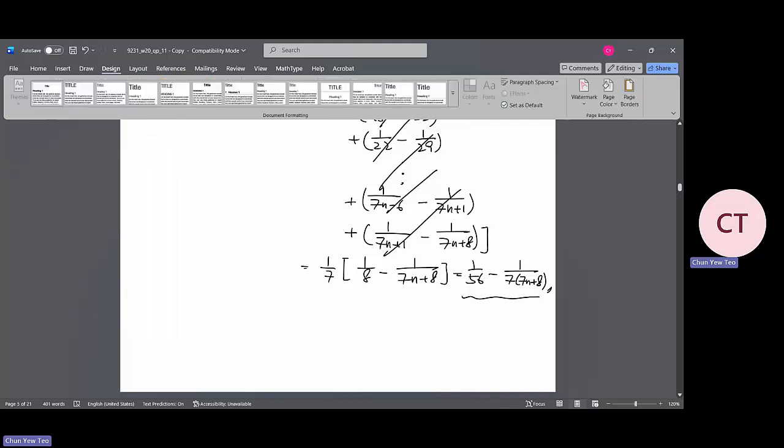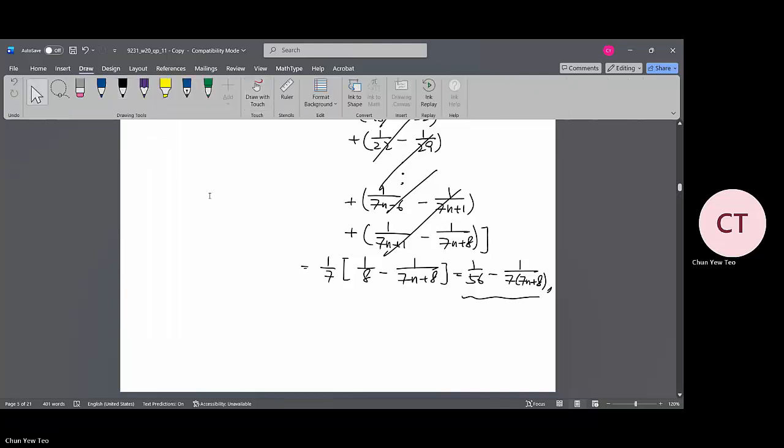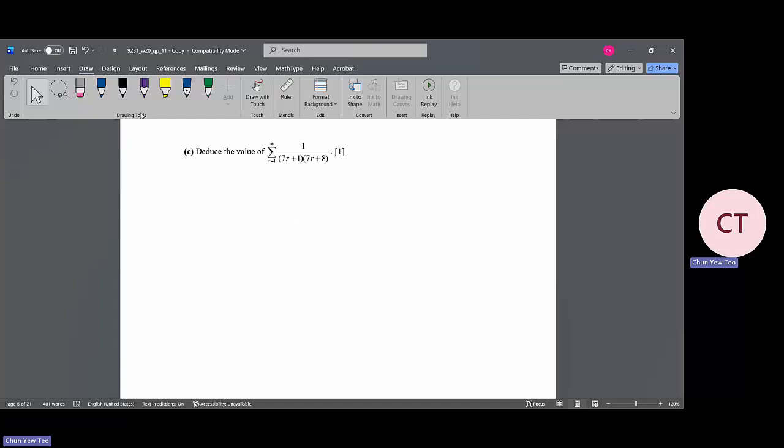Okay, now we move on to the next question, part c. They want you to deduce the sum when n goes to infinity. So you just need to write down the limit as n approaches infinity of 1/56 minus 1 over 7 times 7n plus 8.